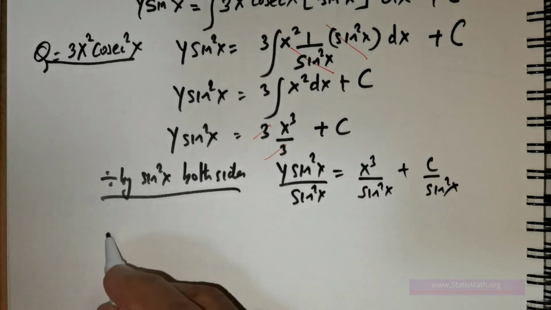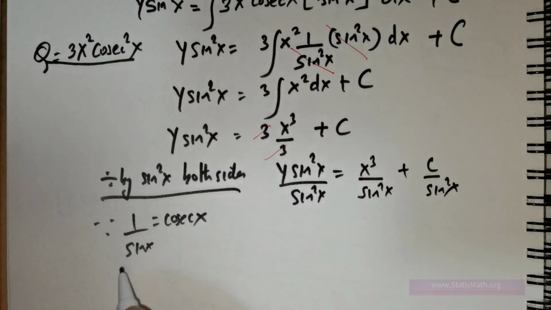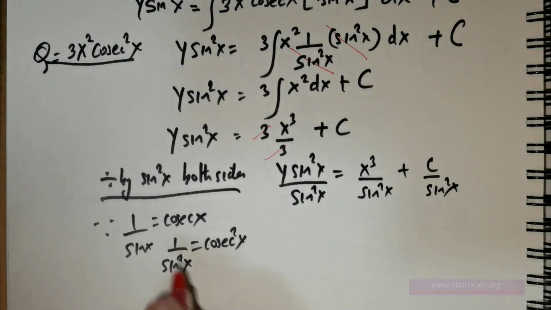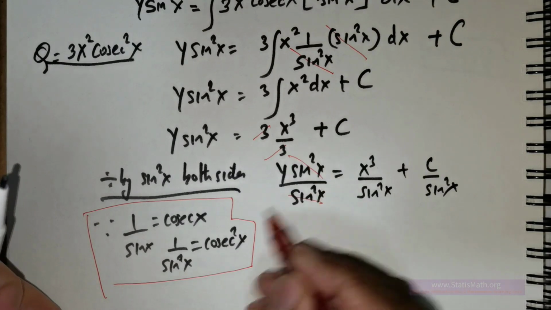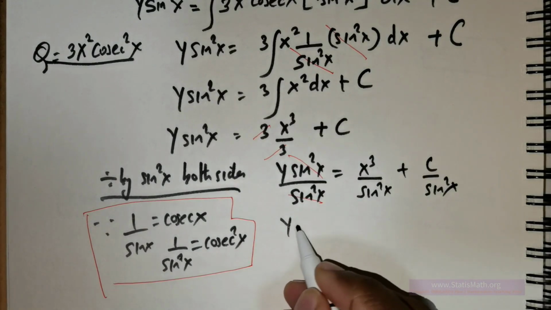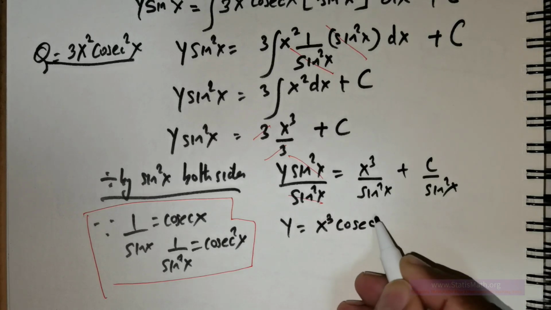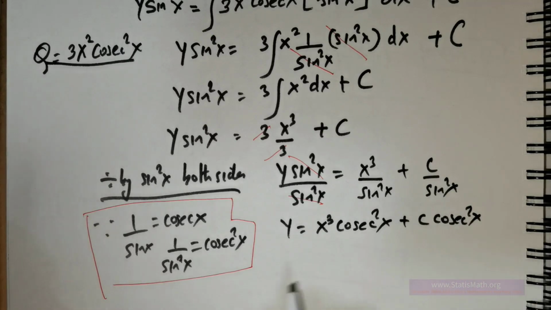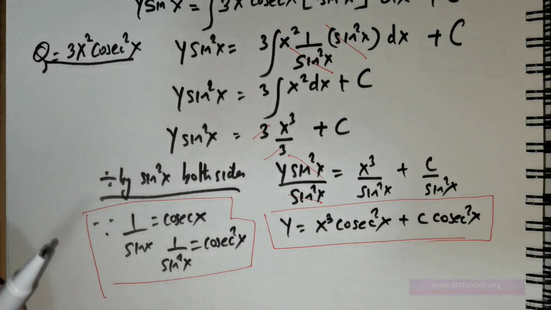Now you know that 1 over sin x is cosec x and 1 over sin² x is cosec² x. Using that fact, I can rewrite the solution as y is equal to x³ cosec² x plus c cosec² x. So this is the final solution to the question.